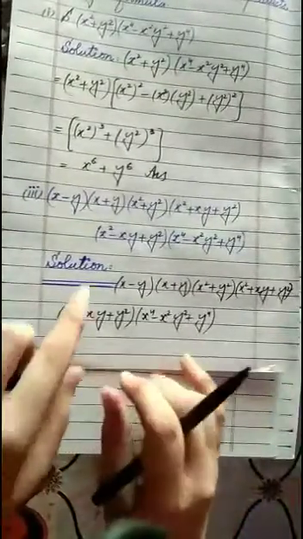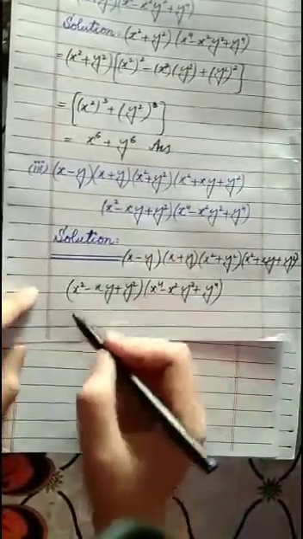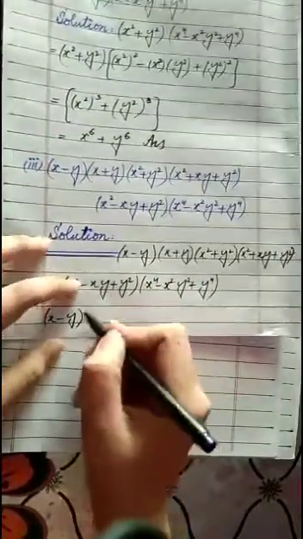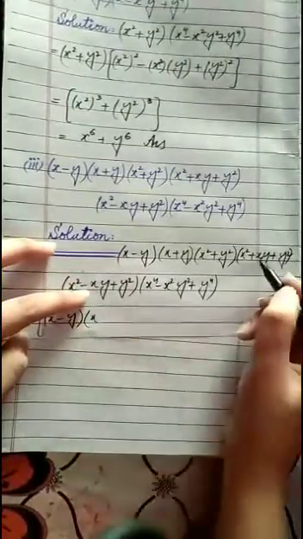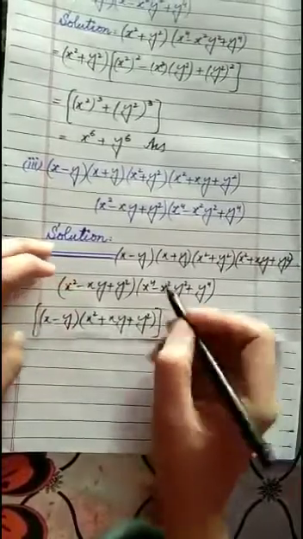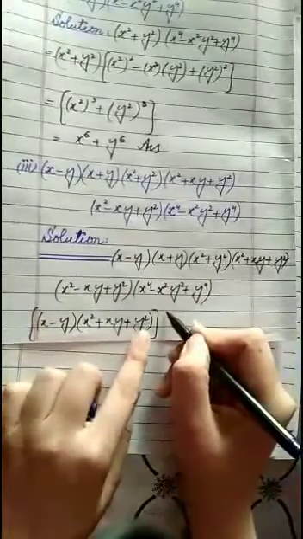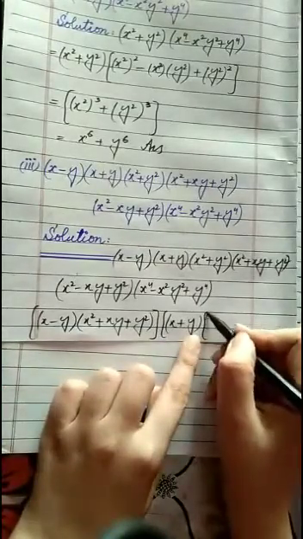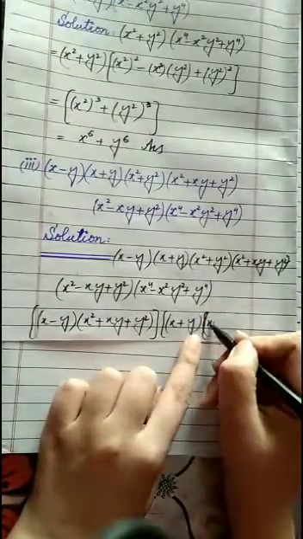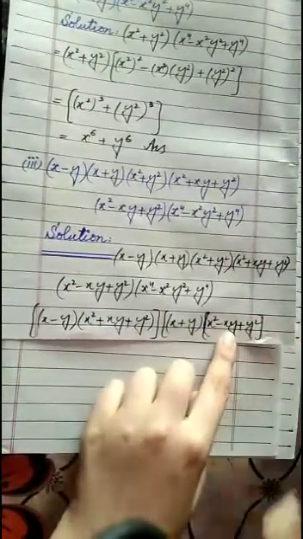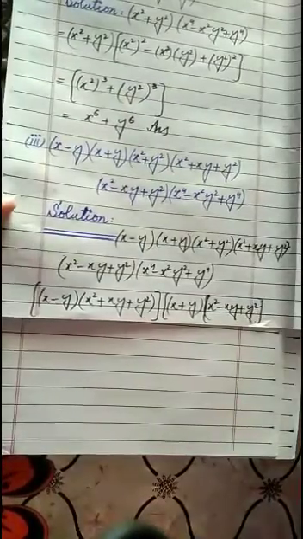We will combine two expressions at a time and make 3 in total. We combine x − y with the first, x² + xy + y². Then x + y with the second one, x² − xy + y².